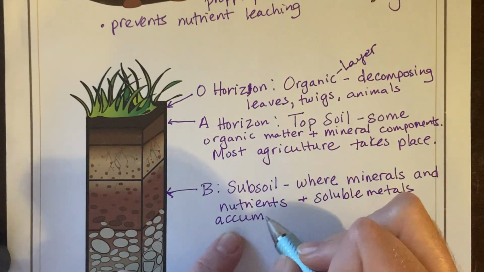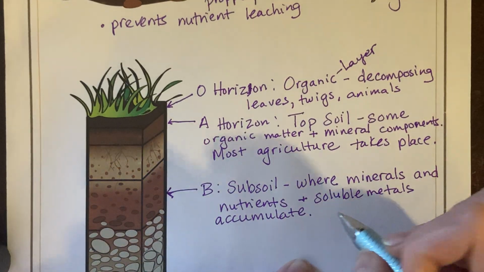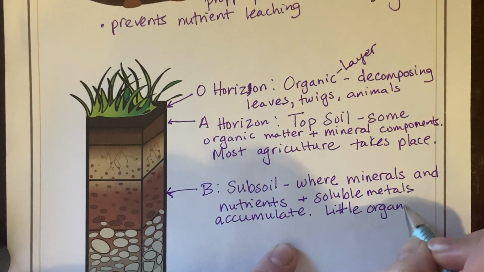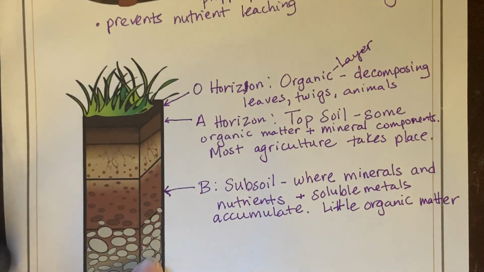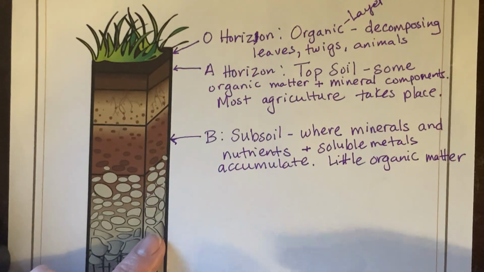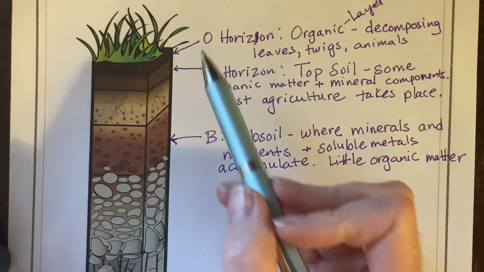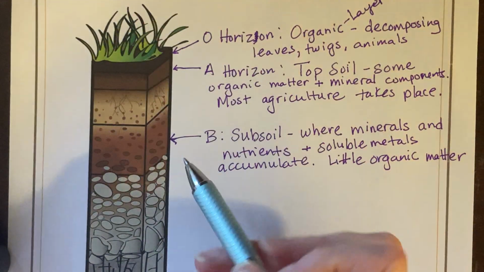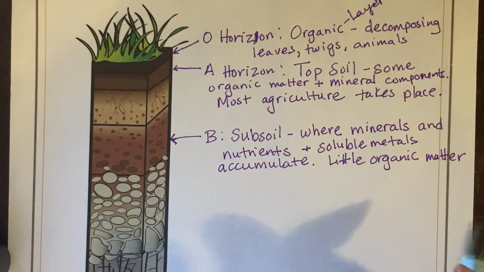That's a run-on sentence. Accumulate. Okay, it has little organic matter in it. Okay, so very little organic matter. It's mostly the abiotic parts of the soil. So your O and A have most of your biotic parts, and your B and below that is mostly abiotic, so non-living parts.